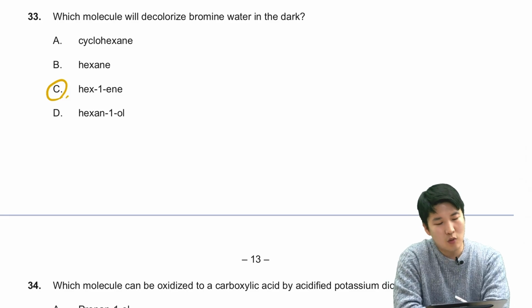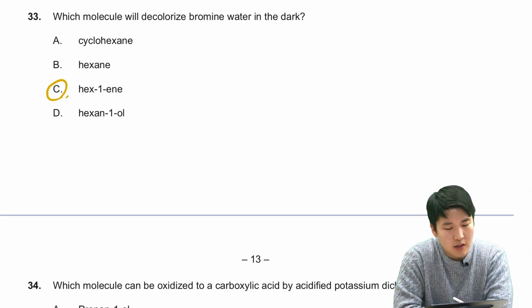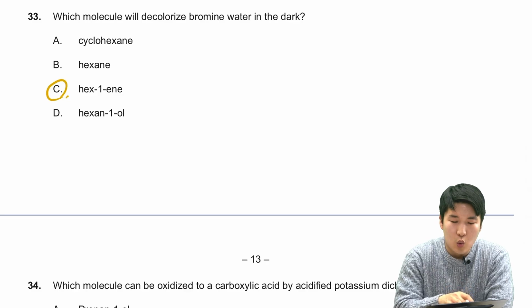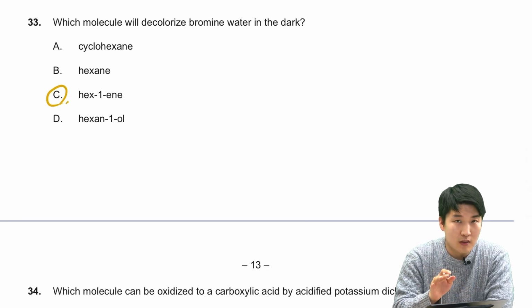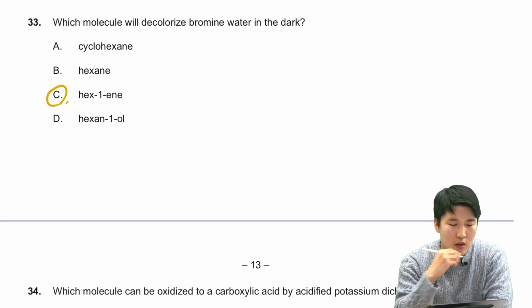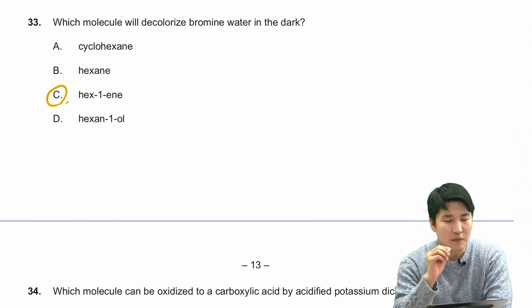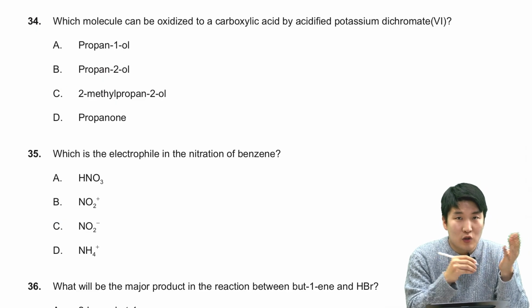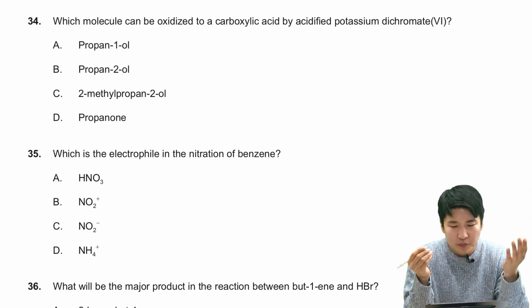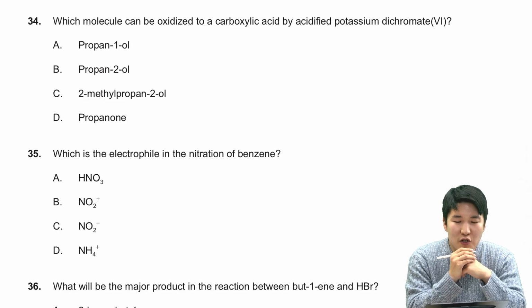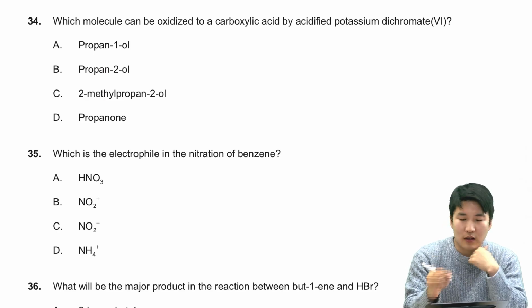The rest are all alkanes or cycloalkanes, which would require sunlight to react with bromine via free radical substitution reaction.